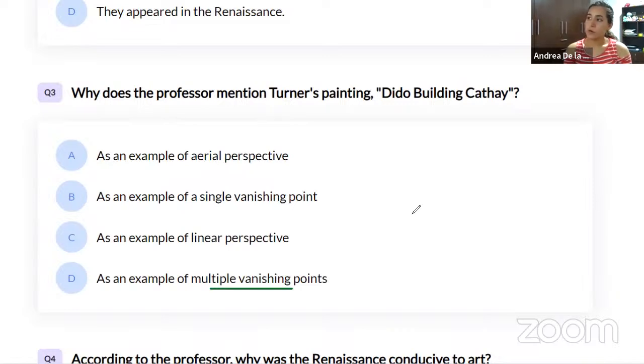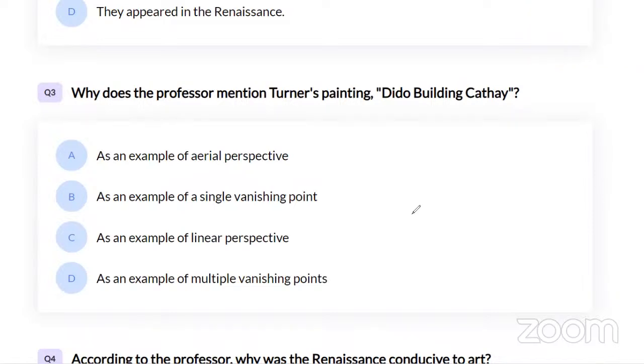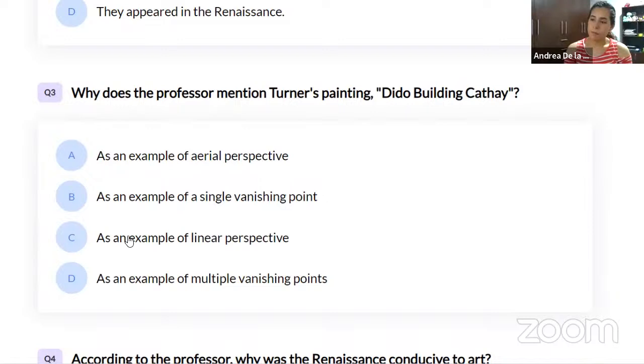Okay, guys, so if you don't know, you have to guess. So which one would you choose? Maybe the last one, teacher. Right, maybe.